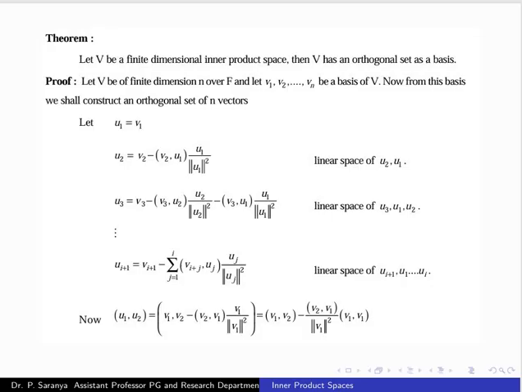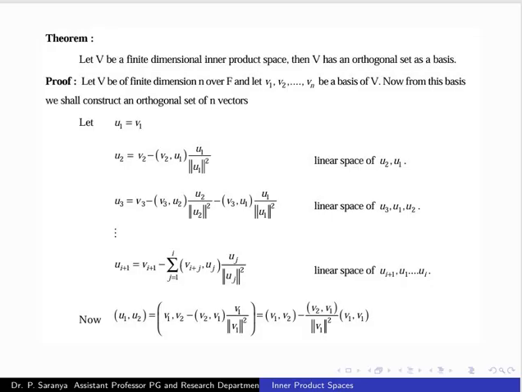Let U1 equal to V1, U2 equal to V2 minus inner product of V2 comma U1, U1 by norm U1 square. It is a linear span of U2 comma U1. Next U3 equal to V3 minus inner product of V3 comma U2, U2 by norm U2 square, minus inner product of V3 comma U1, U1 by norm U1 square. It is a linear span of U3, U1, U2.